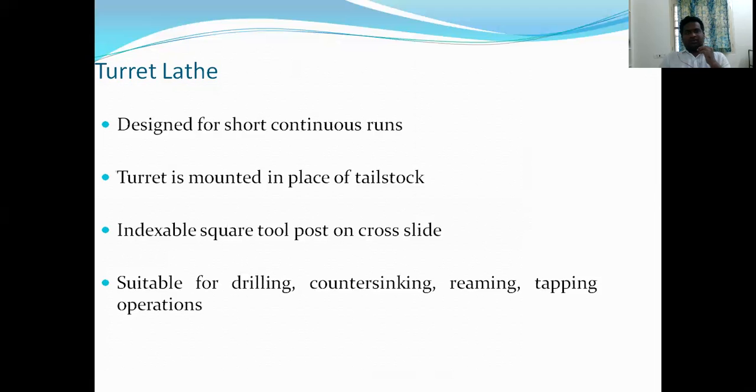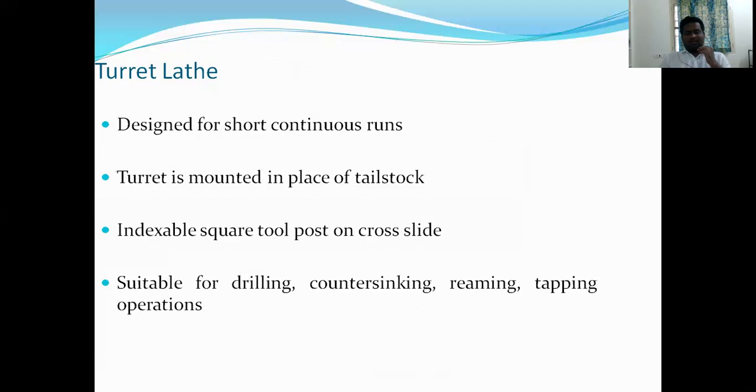That's why the turret lathe is suitable for drilling, countersinking, reaming and tapping operations. Drilling produces holes by using drill bits.